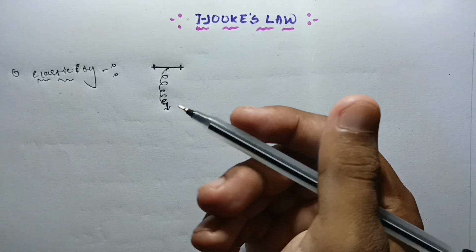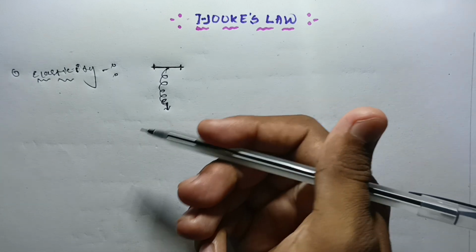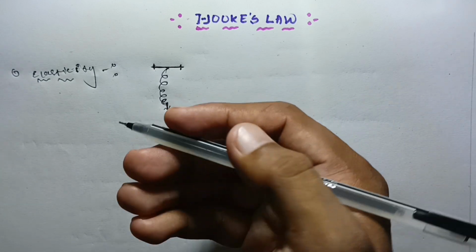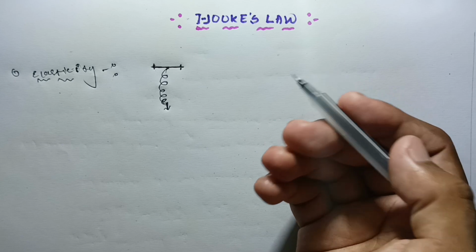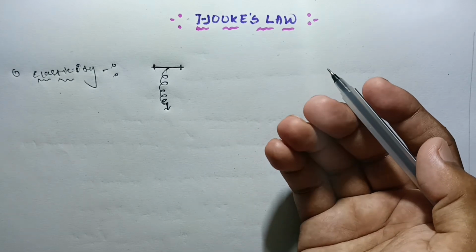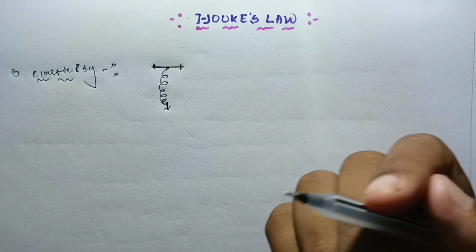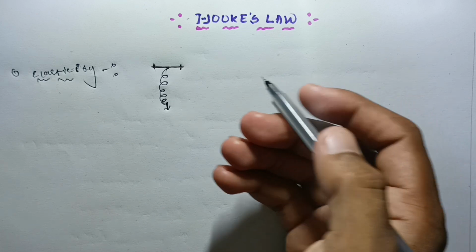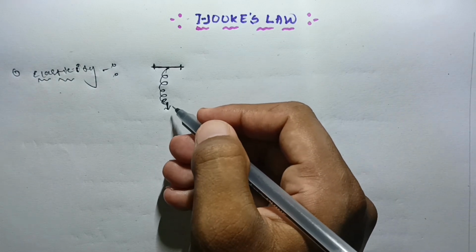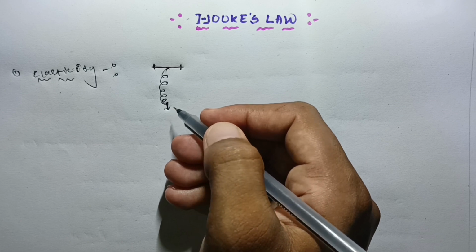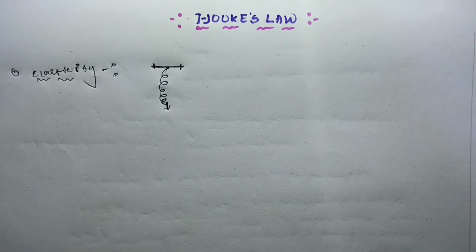Then after some time, when we remove the external force, also called the deforming force, the spring regains its original shape and size. That is called elasticity, right?